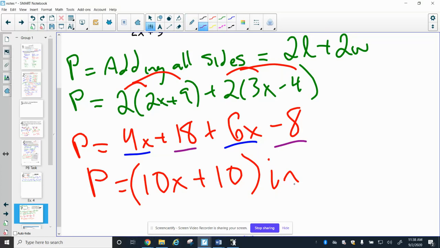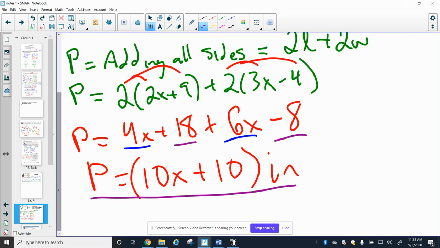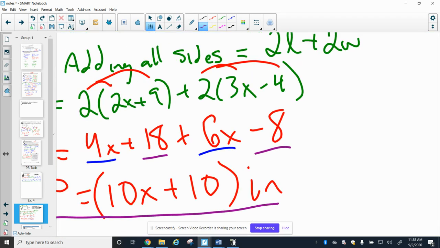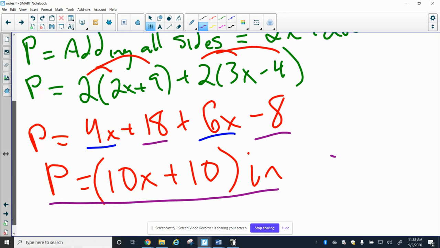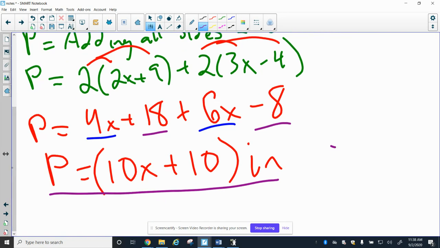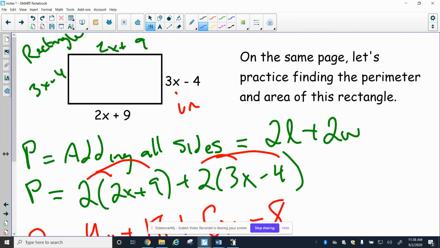All right, now it says find the area. Next we've got to find the area. I need some space to work, so I'm going to erase what we have here.